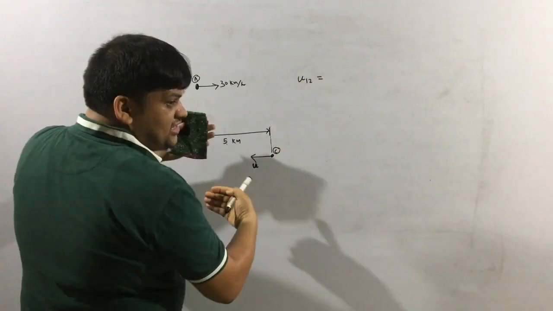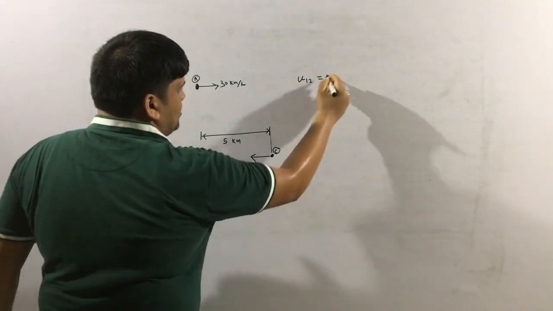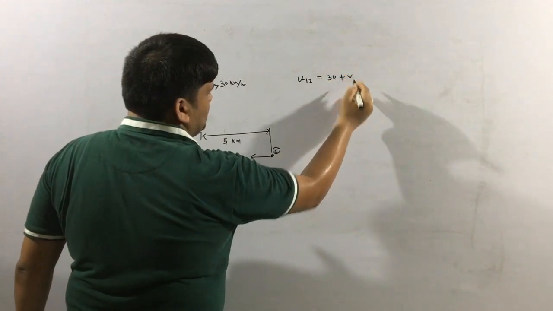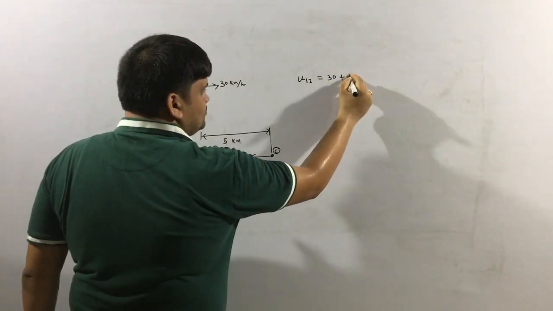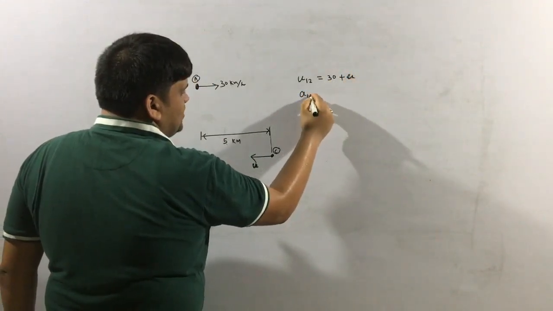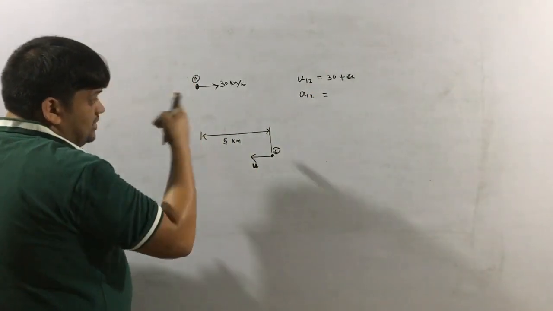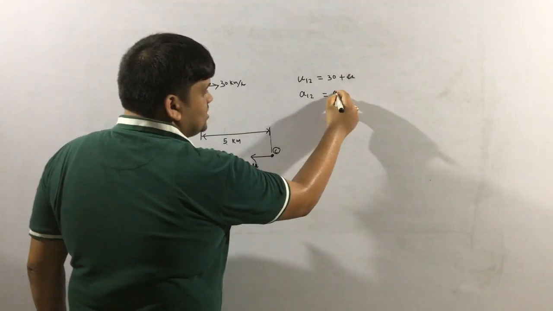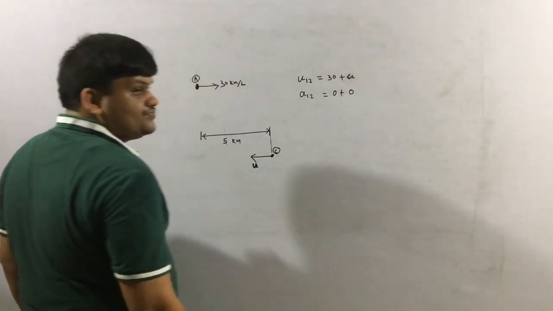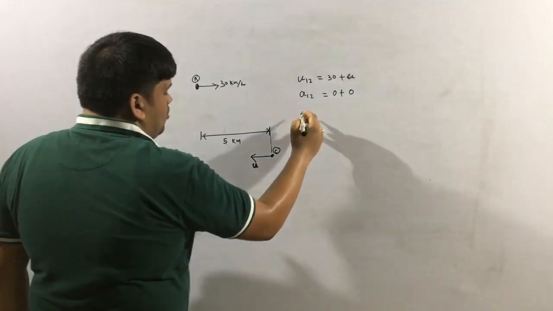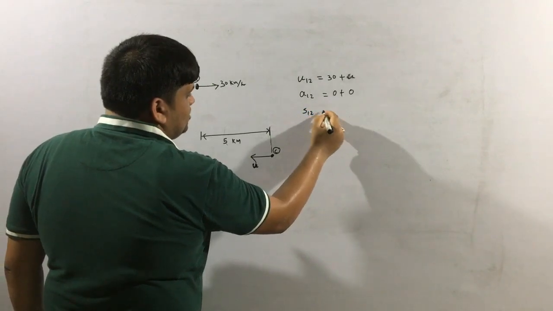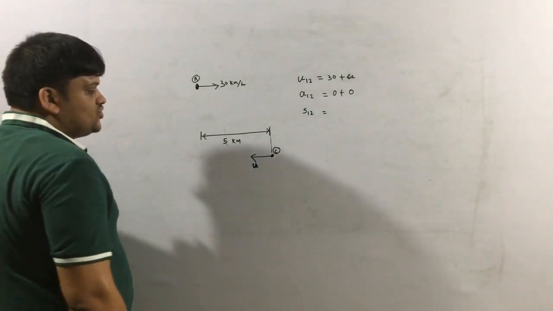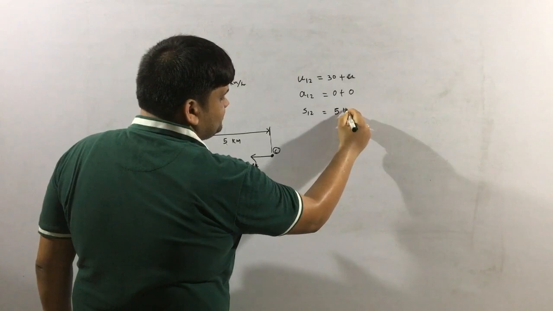They are moving in opposite directions, so simply add them. What is the speed? 30 plus V, or 30 plus U. What is the acceleration? It is also moving with constant speed, so it is 0 plus 0. Okay. Now what is the relative distance between them? It's 5 kilometers.